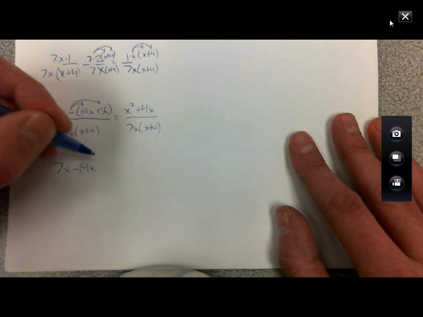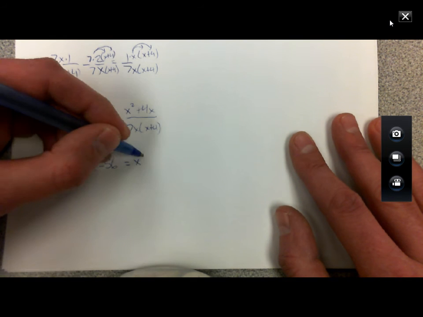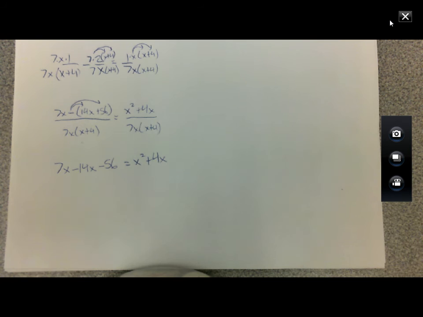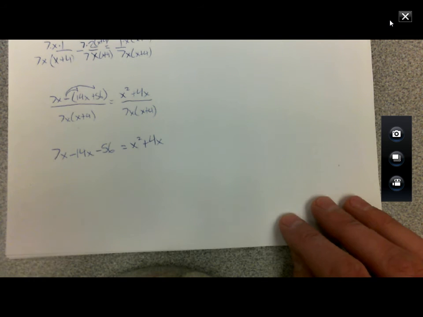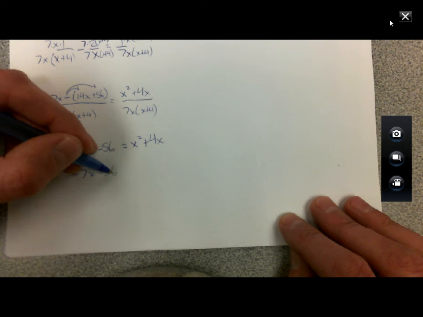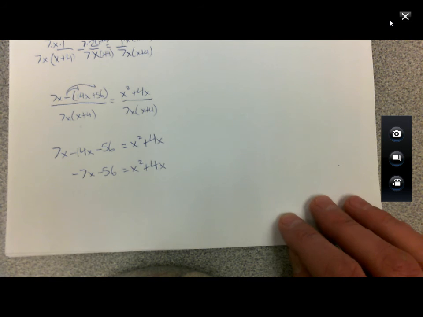Minus 14x minus 56 equals x squared plus 4x. So it's already a simpler problem now to work with. I'm going to combine my like terms on the left side of the equal sign here. 7x minus 14x, negative 7x minus 56. So I've simplified both sides of the equal sign already.